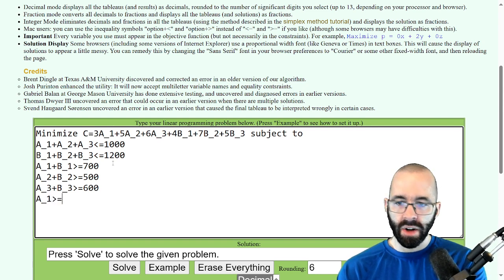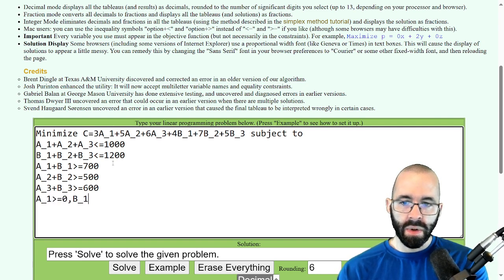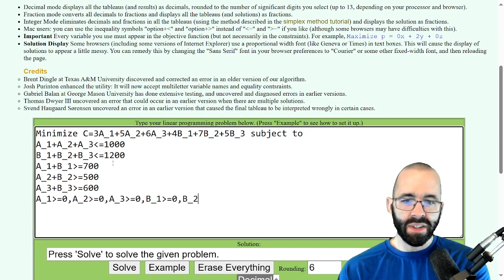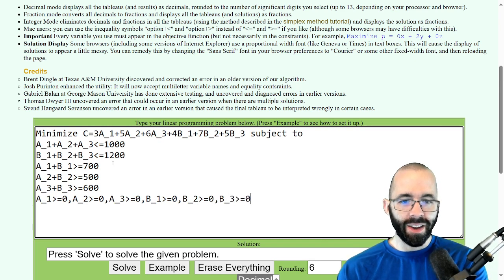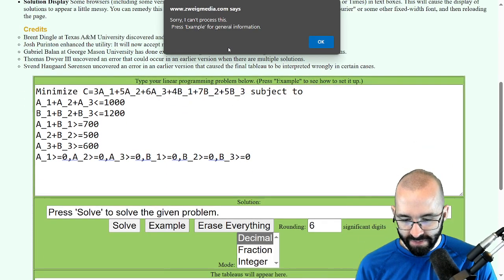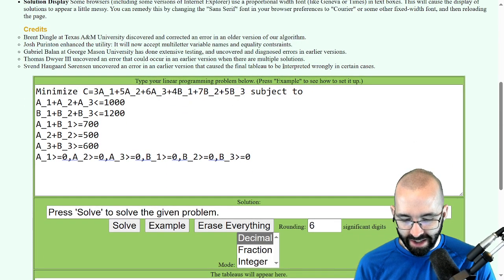And then A1 greater than or equal to 0, A2 greater than or equal to 0, A3 greater than or equal to 0, B1 greater than or equal to 0. It's funny because it feels really tedious to type this all in, but doing it by hand would be way, way worse. See if it likes these. Nope, it doesn't like that.